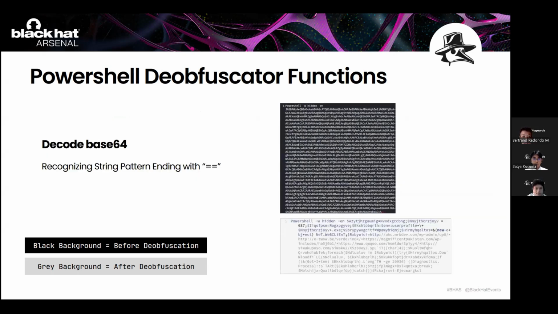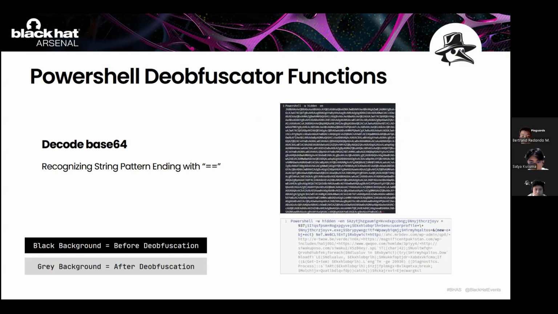The third feature is to decode base64. Basically, for this function, there are two patterns that the application can recognize. The first one is recognizing a string pattern ending with a double equal sign. As we can see in the picture on the right side, at the end of the string there is a double equal sign, which means that this string contains a base64 encoded string.